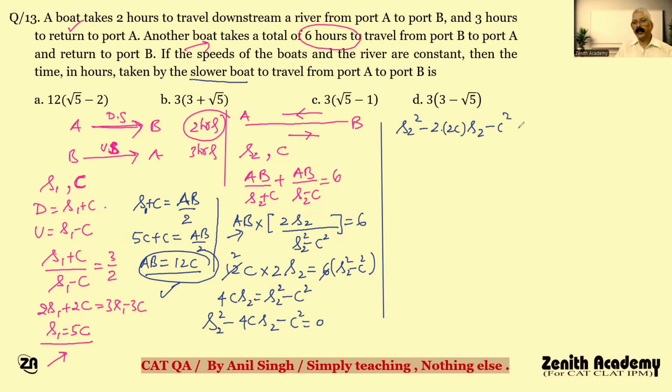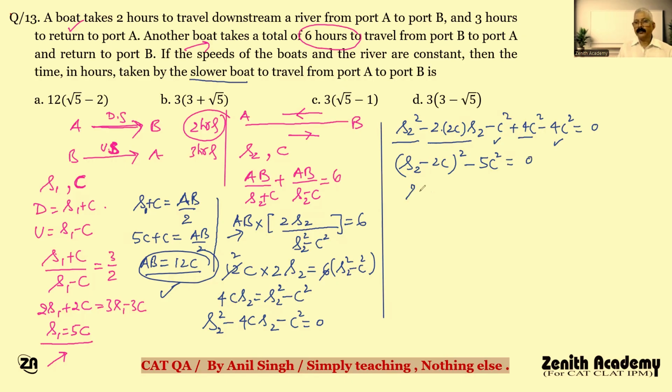So add 2C whole square, which is 4C square, and subtract 4C square, is equal to 0. And finally, now you can write this as S2 minus 2C whole square, and then this minus C square and minus 4C square is minus 5C square, is equal to 0.